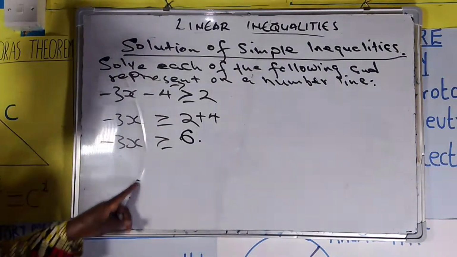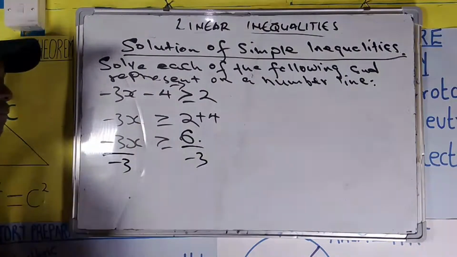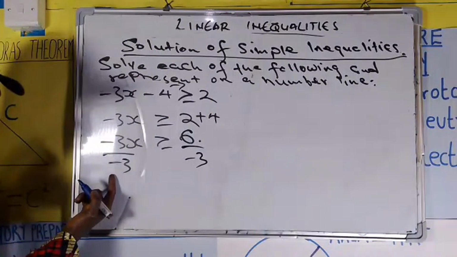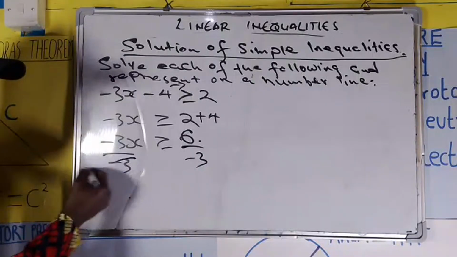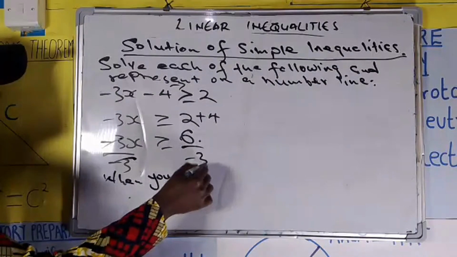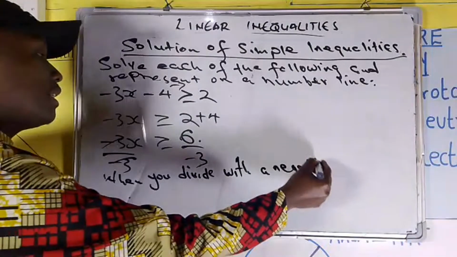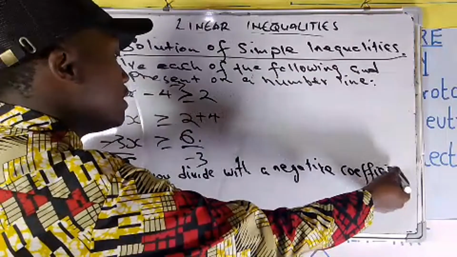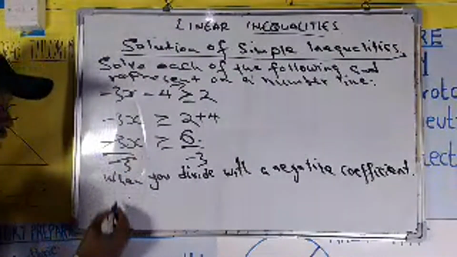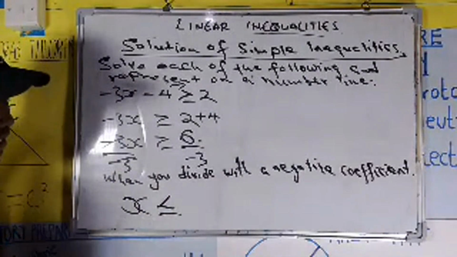Juu tunataka kubaki na x hapa, tutakuja to divide both sides na negative 3. Wakati umedivide na negative, hebu sikiliza, when you divide with a negative coefficient, the sign changes. So utabaki na x. Ukidivide hapa na negative, sign yako ina change.